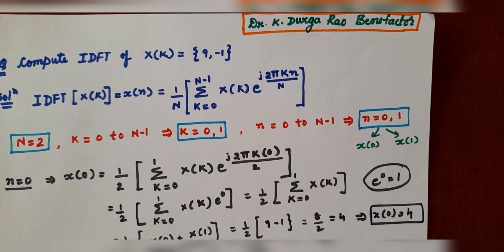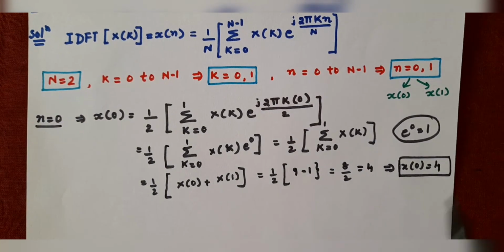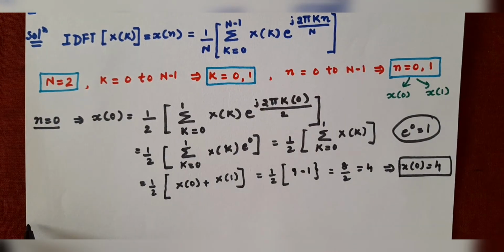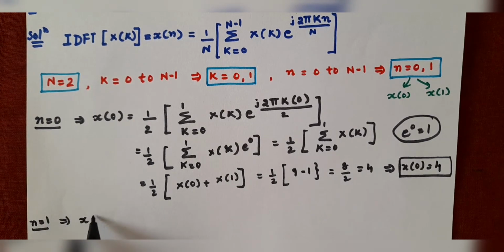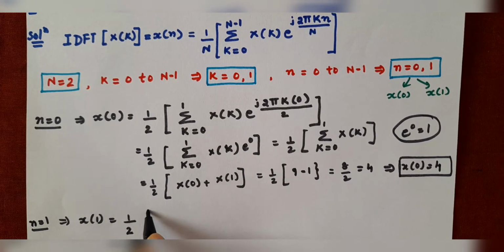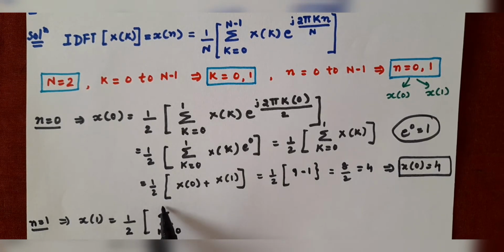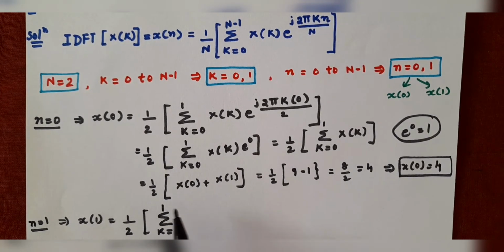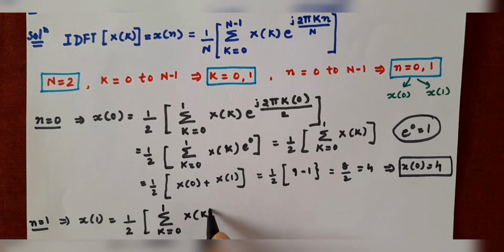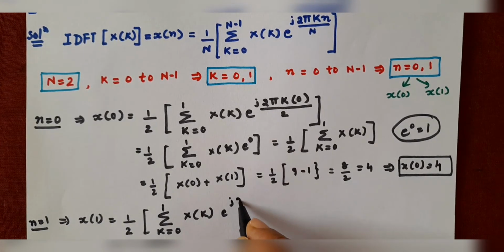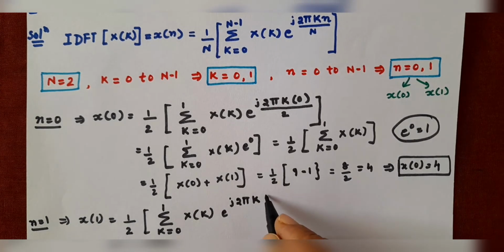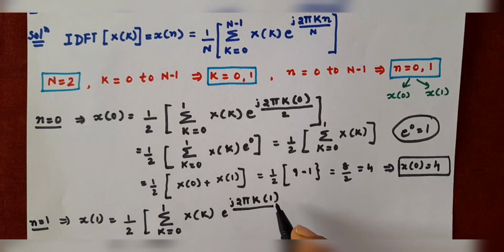What is the next step? We have to find x of 1. That is when n is equal to 1, we will get x of 1. What is x of 1? 1 by capital N, that is 1 by 2 summation k is equal to 0 to n minus 1, that is k is equal to 0 to 1 capital X of k e to the power of j 2 pi k n, where n is 1 and capital N is 2.